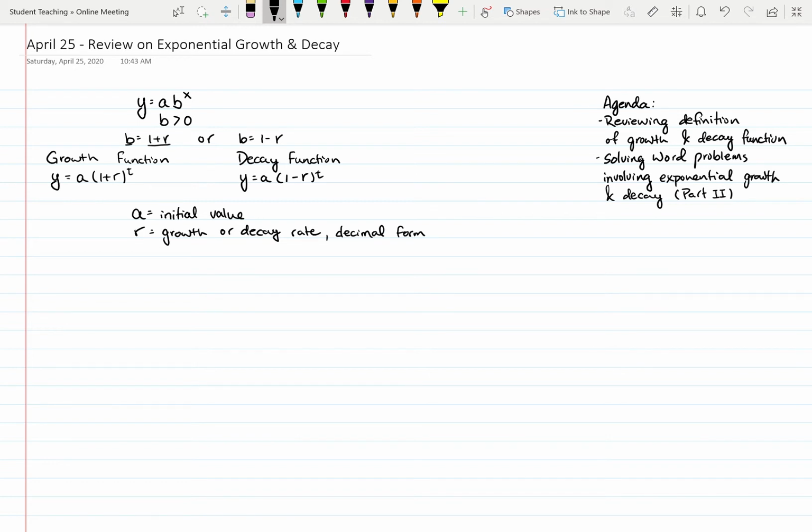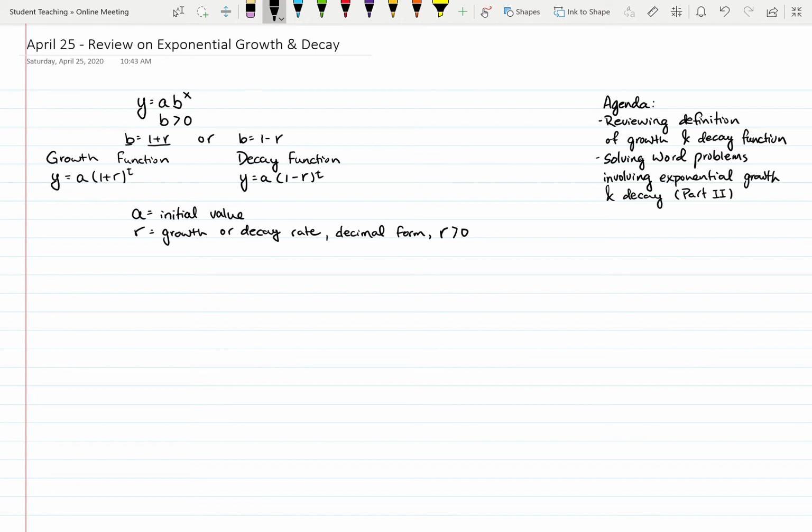A lot of times, the problem gives you the rate in percent form. You always need to convert that into decimal form when you are using either the growth or decay function. Another thing is r also has to be greater than 0.